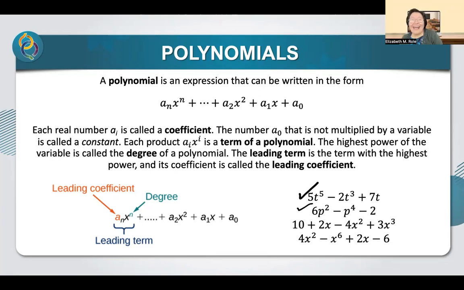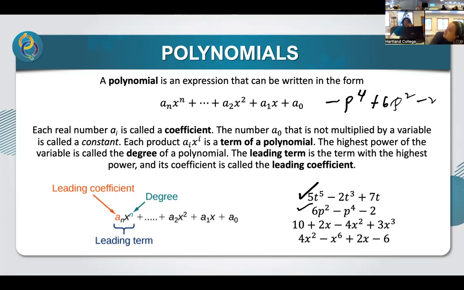Now I was saying a while ago, a polynomial in its general form should always begin with the one with the highest power. It so happened that in my problem there, I have 6p squared minus p to the fourth minus 2. If it were to be written in general form, it could have been written as minus p to the fourth plus 6p squared minus 2, correct?